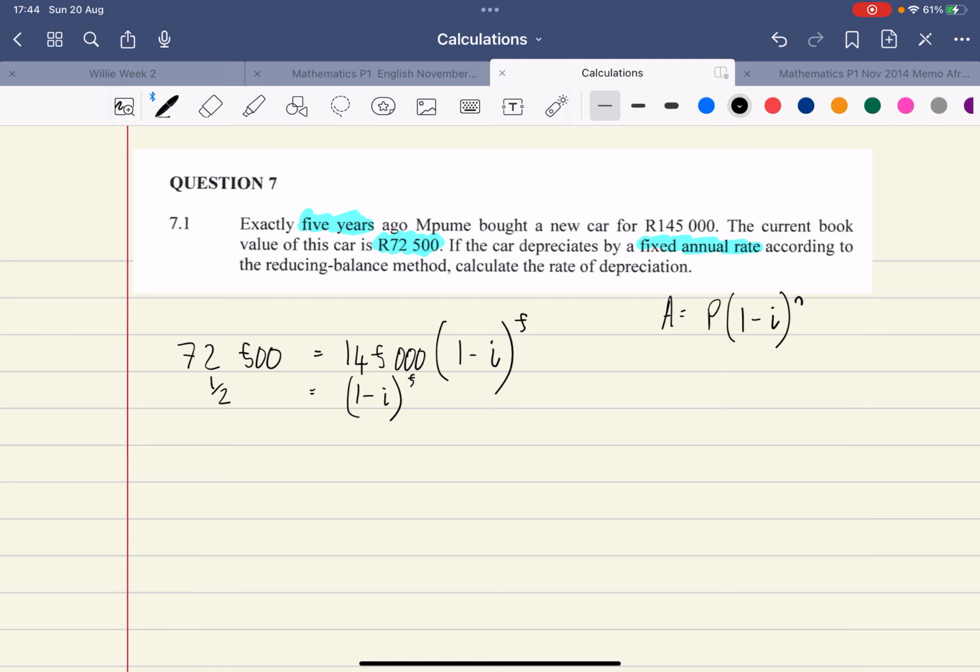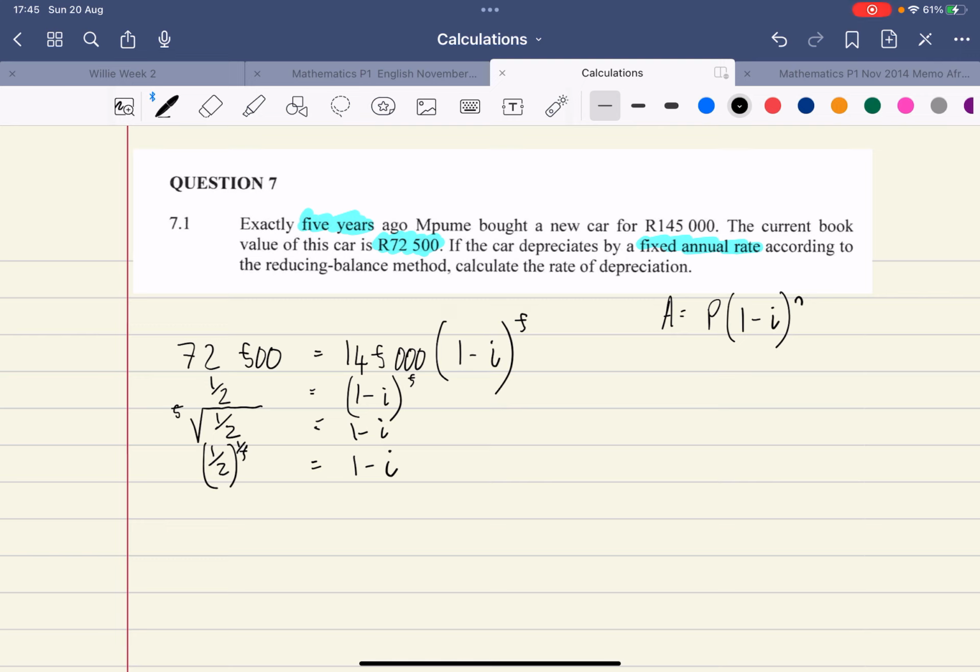Now I'm going to take the fifth root of everything to get rid of this to the power 5. So that will be the fifth root of a half equals 1 minus i. And if you know your exponential laws, that's the same as saying a half to the power of 1 over 5 equal to 1 minus i.